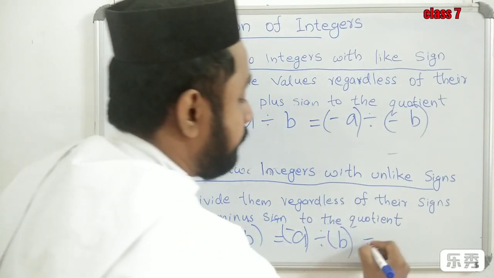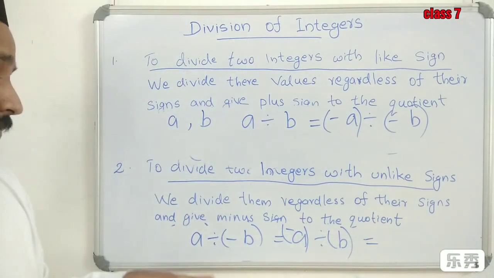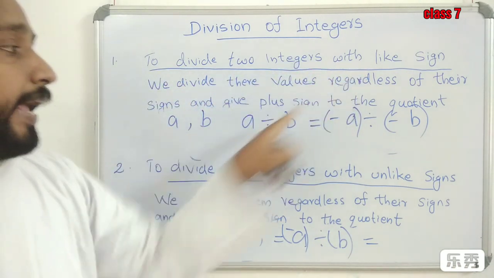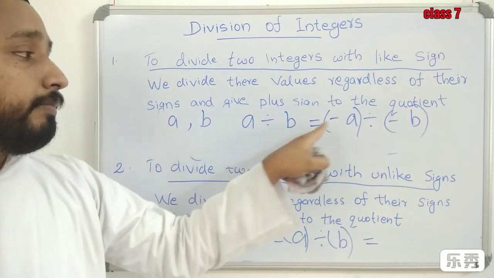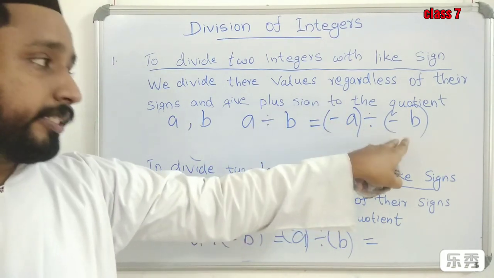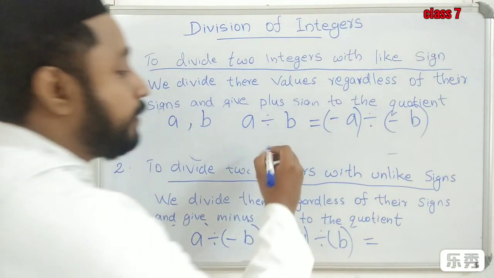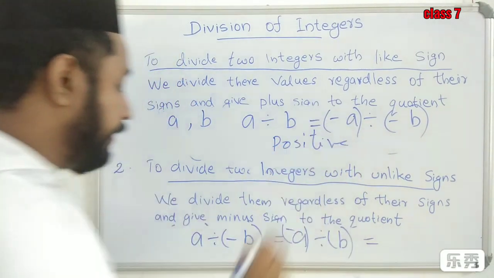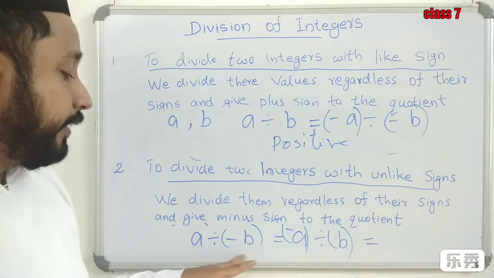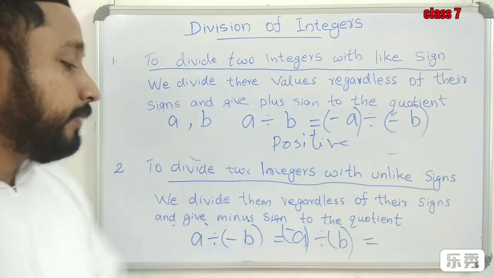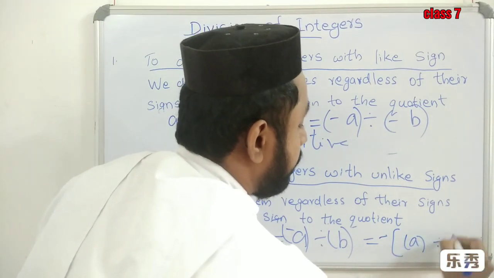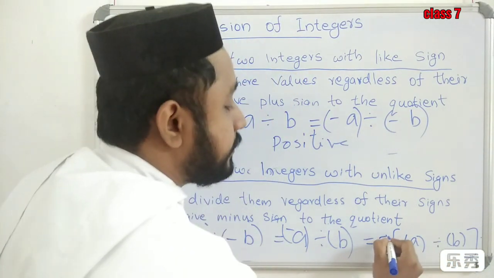Okay, the answer will be what? Negative. So, when we divide two integers with like signs, a divided by b or minus a divided by minus b, the answer is positive. Here, a divided by minus b, or minus a divided by b, the final answer is negative.